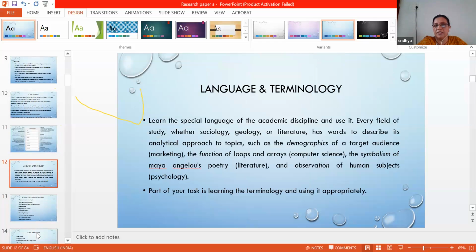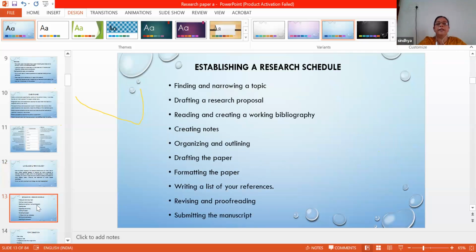So observation is one important terminology that we use in our educational research. Educational research has its own terminologies. That kind of terminology and language we must be familiar with while preparing a research paper. And learning the terminology is one important aspect.